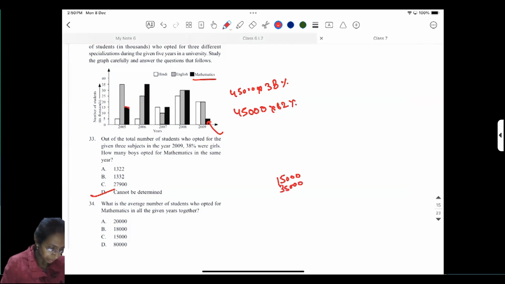Then for 2007, it's 15,000. 2008, it's 30,000. And 2009, it's 5,000. So the total students who opted for mathematics in all the years are 30, 60, 65, 70.